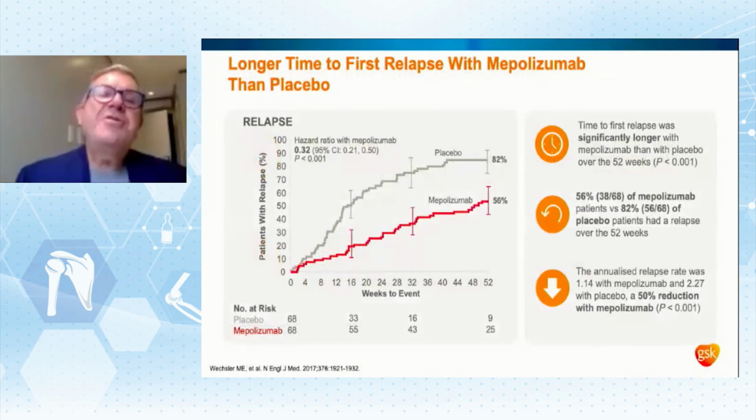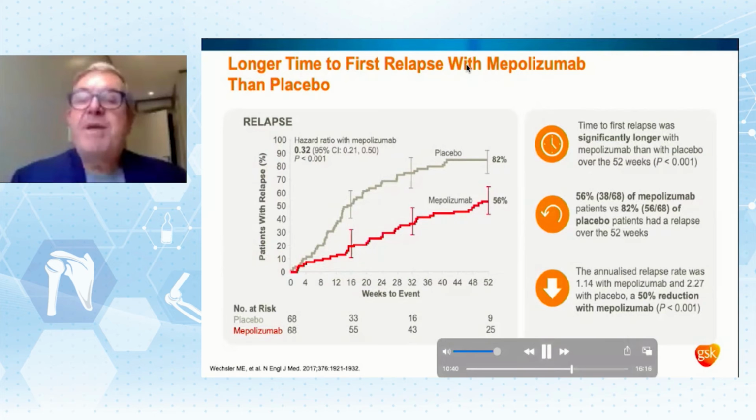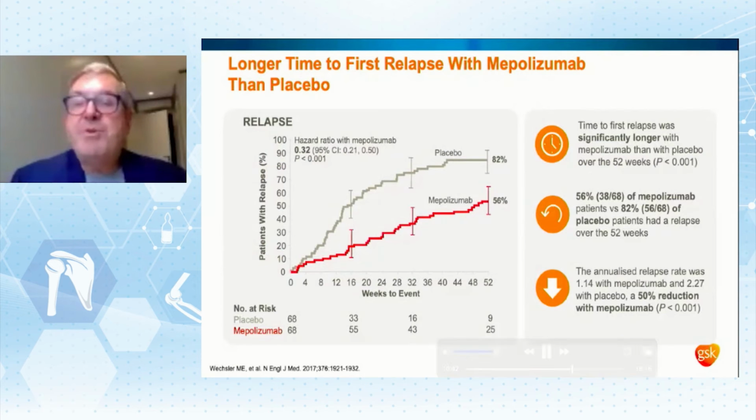What was the time to the first relapse, the first exacerbation? In gray in the upper corner are the placebo patients, and in red in the lower corner the patients treated with mepolizumab. The hazard ratio decreased by 70% in the patients treated with mepolizumab in comparison with those treated with placebo.